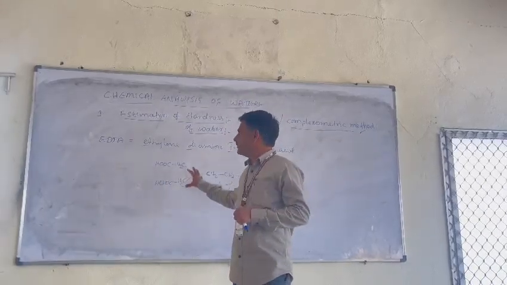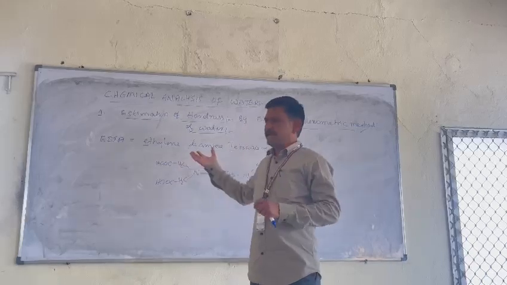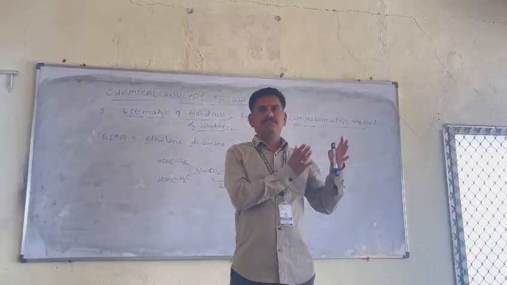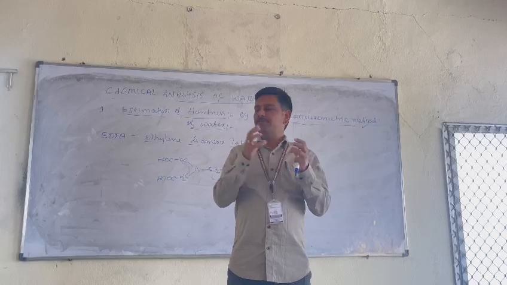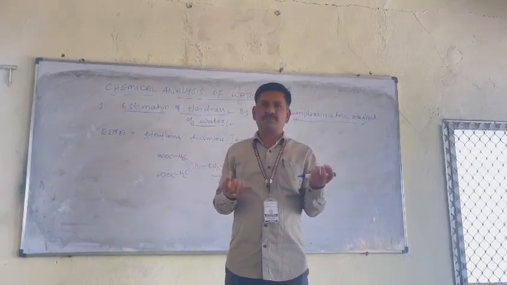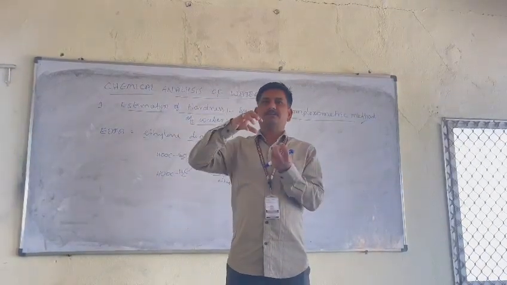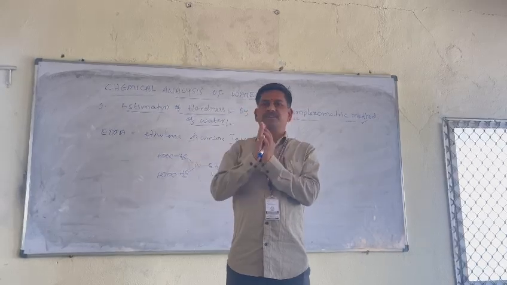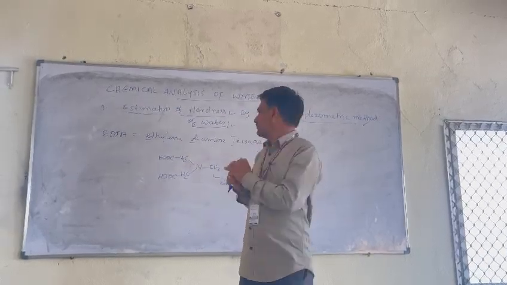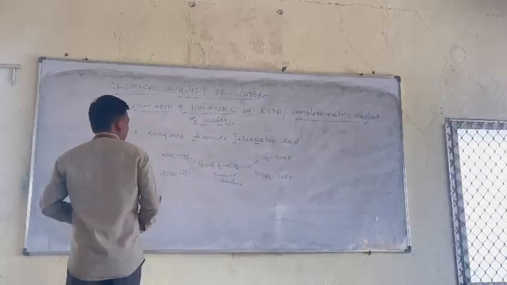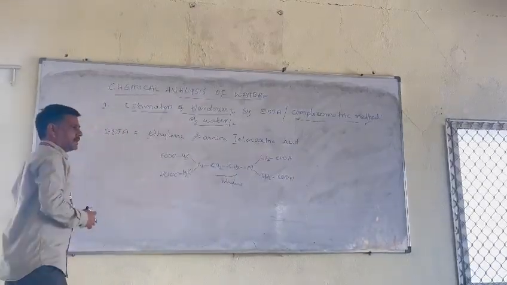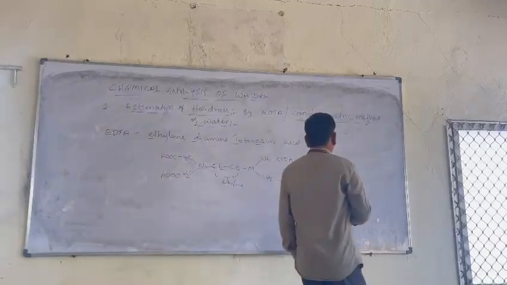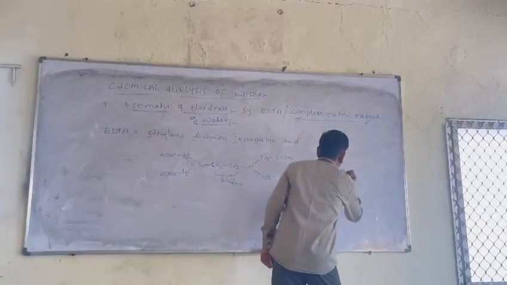The simple principle is that EDTA is a good ligand, and metal ions like calcium and magnesium, which cause hardness to the water, react with it and form a complex compound. In this principle, a complex structure of the metal and EDTA ligand will also be drawn.